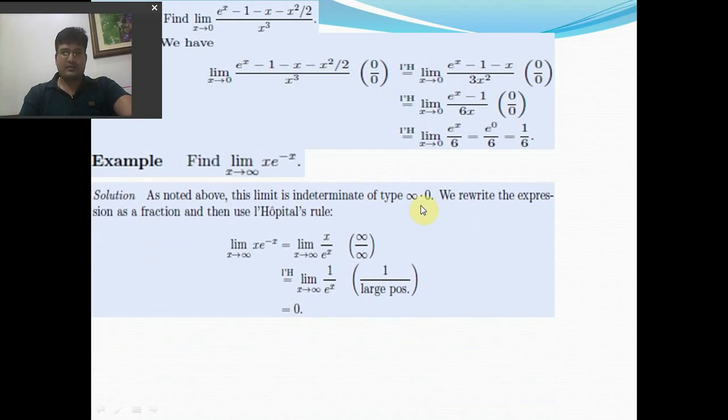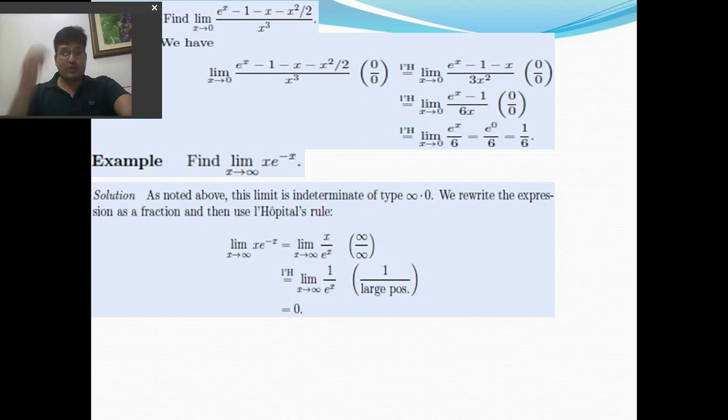So this is again an indeterminate form, 0 into infinity, but it is not the form in which we can apply the L'Hopital rule, because for applying L'Hopital rule, the indeterminate form should be in the form of 0 by 0 or plus minus infinity by plus minus infinity.